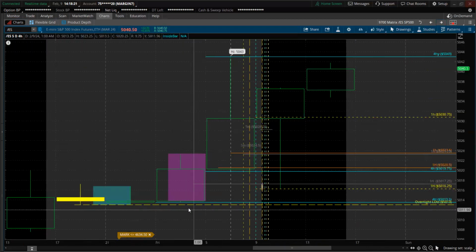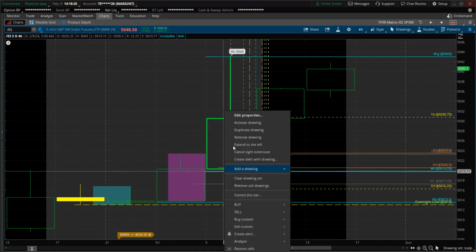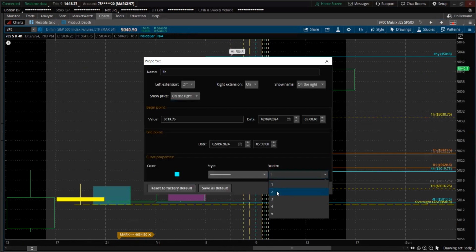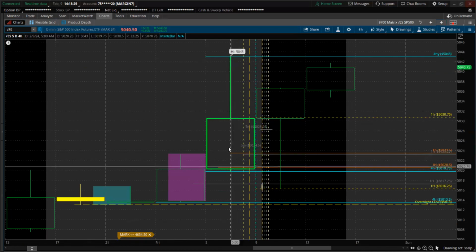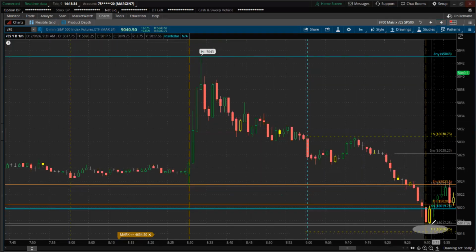There we go. This was the 4-hour low right here. This blue line, go even thicker. That was made off there. And as we broke below it, we did that inside candle, big reverse. That hollow candle was green.